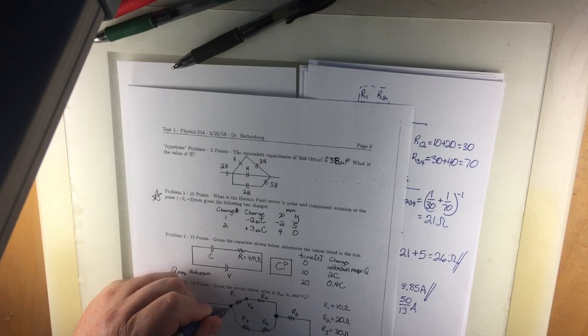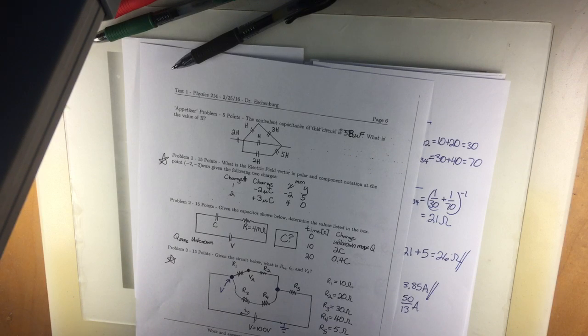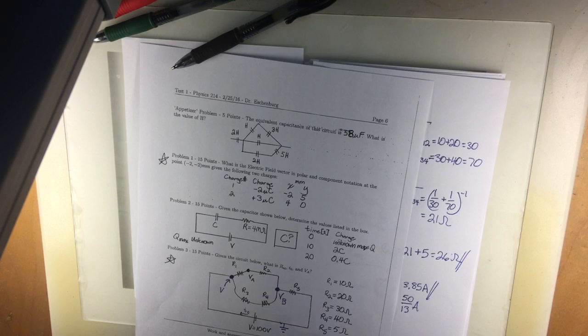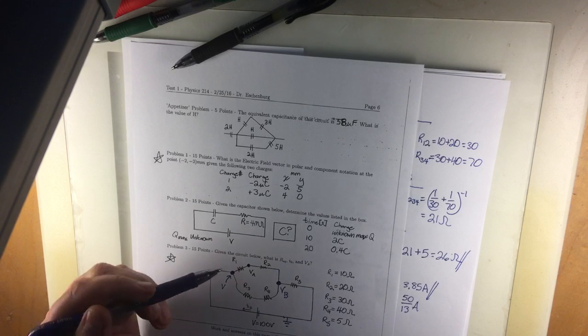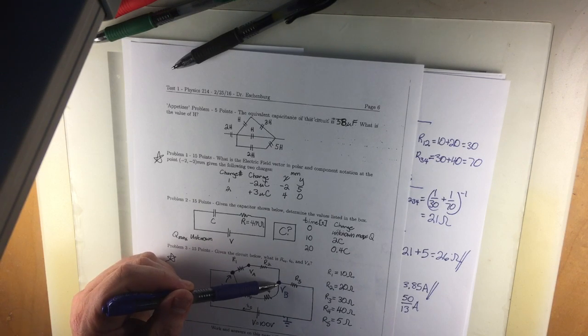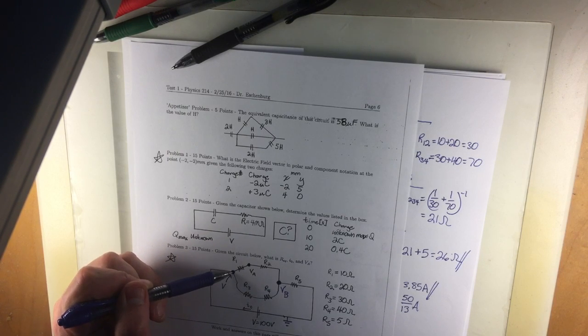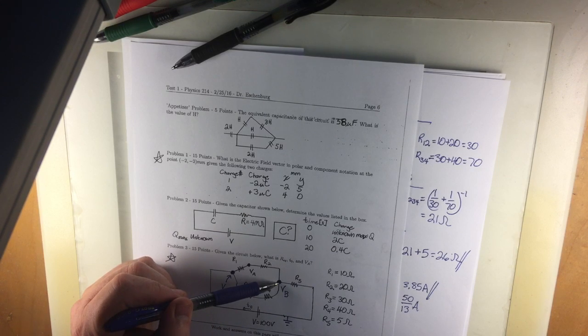I'm going to call this V, and this I'm going to call VB. This is incredibly easy. VB, you could either step down from here, or you can step up through R5. The fastest way to get VB is to step up from R5.